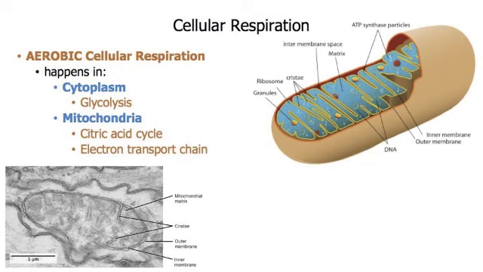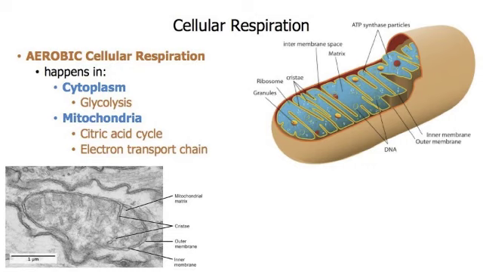During glycolysis, a molecule of glucose is split into two molecules of a compound called pyruvic acid. The enzymes for glycolysis are located in the cytoplasm. The citric acid cycle, which can also be called the Krebs cycle, completes the breakdown of glucose all the way to carbon dioxide, one of the waste products of cellular respiration.